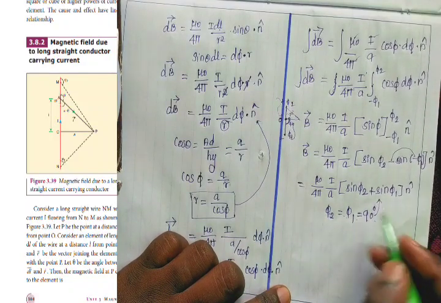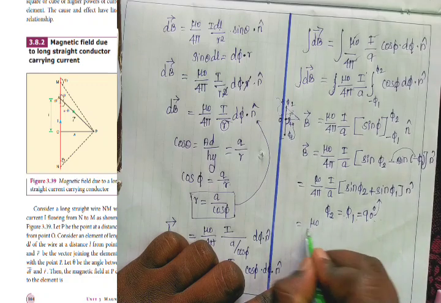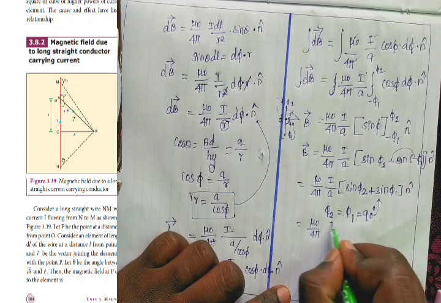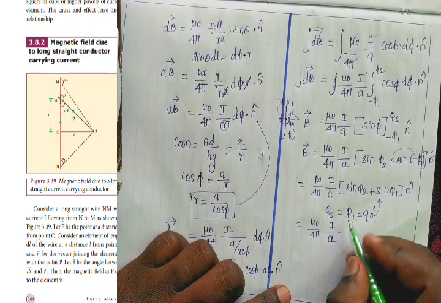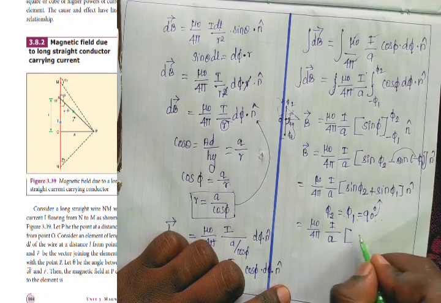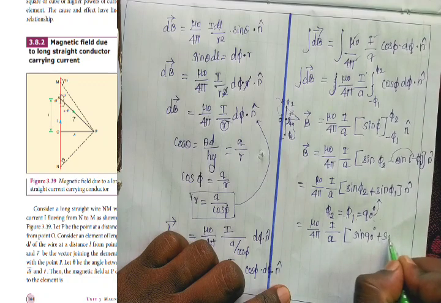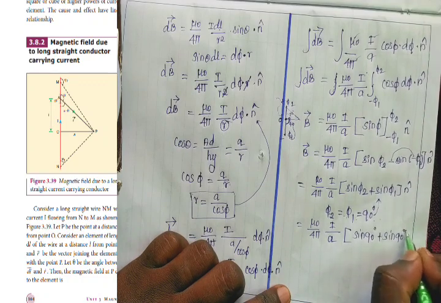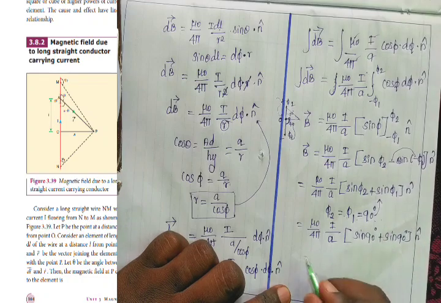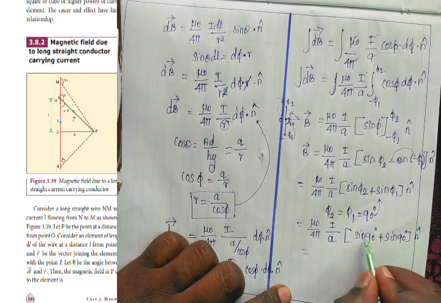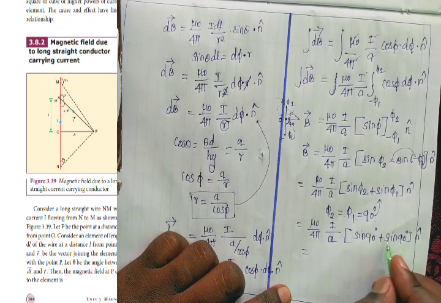So substitute the value: μ0 divided by 4π, I divided by a, sin 90 degrees plus once again sin 90 degrees, and the unit vector n cap. So sin 90 degrees value is 1, here sin 90 degrees value is 1, upper 1 plus 1 is 2.